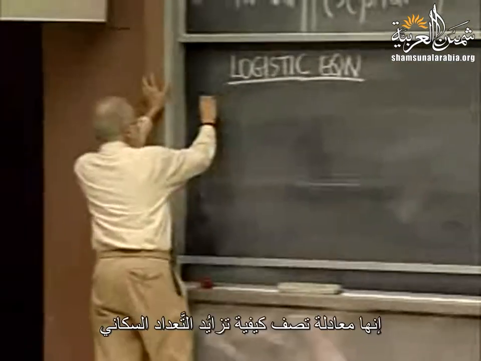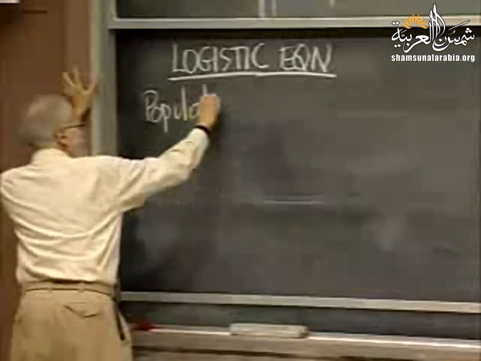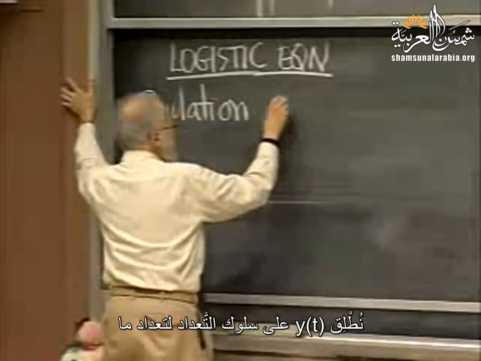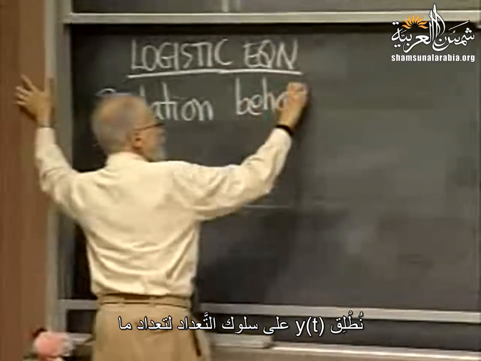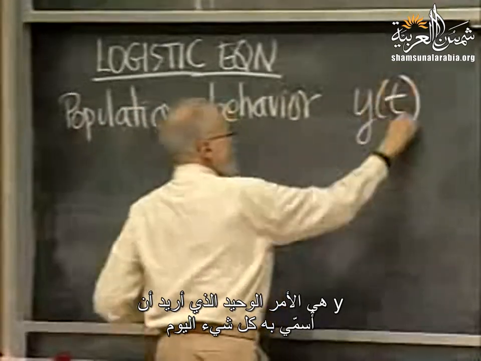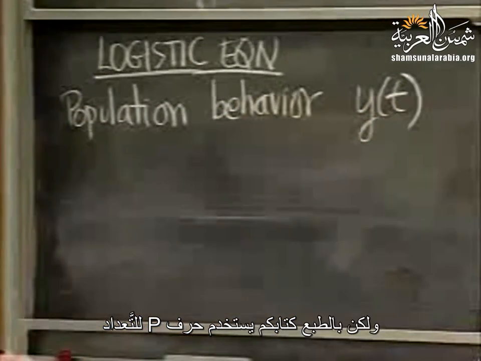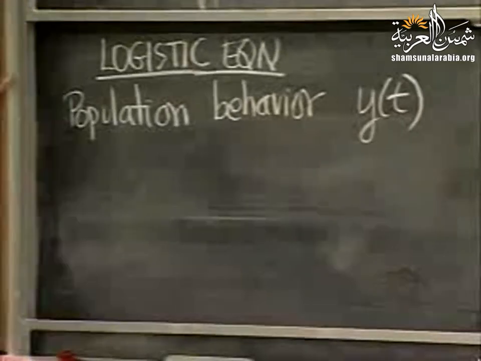It's an equation which describes the behavior of some population. Let's call it y, which is the only thing I know to call anything today, but of course your book uses capital P for population, to get you used to different variables.